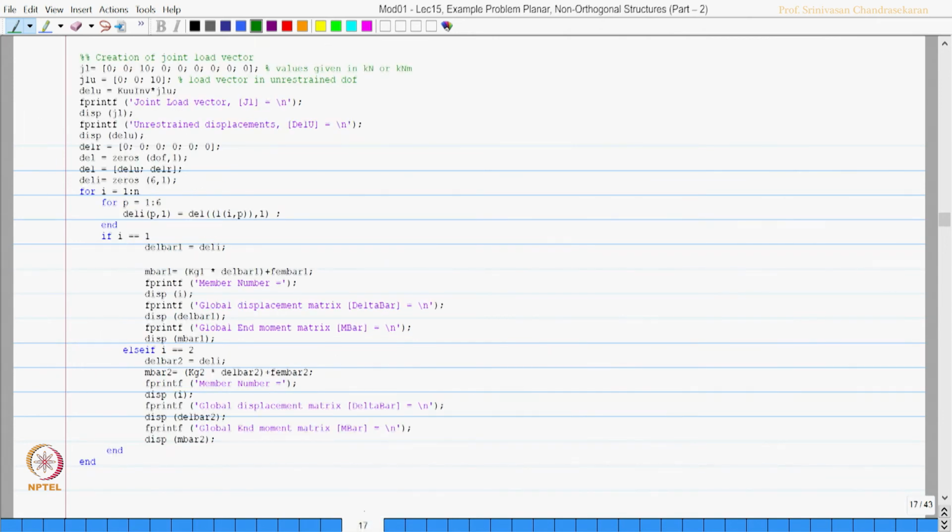Once I get that, I create the load vector, the joint load vector, and pluck out the unrestrained joint load vector.